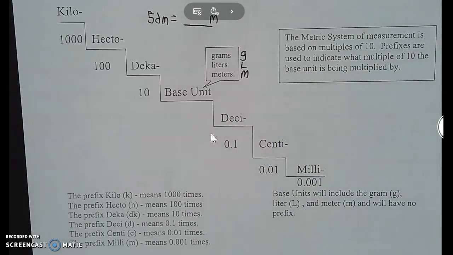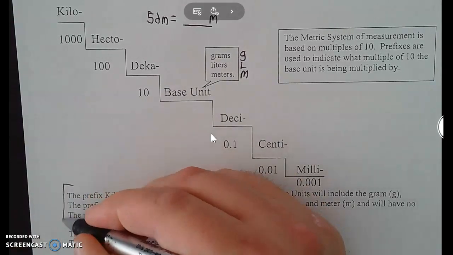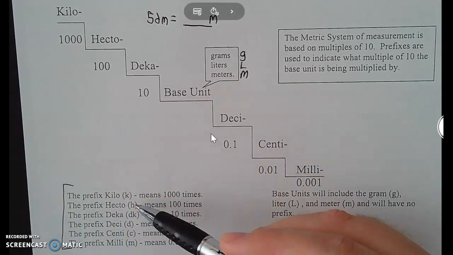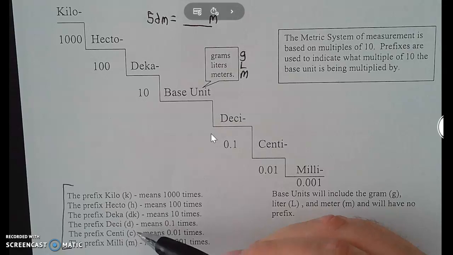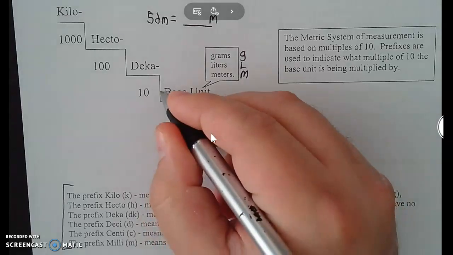Now the next question is, what is dm? Well, it's some sort of meters, right? The d is the prefix, the m stands for meters. In order to find out what prefix it is, we can look right over here. It tells you what the abbreviations mean. So which one of these is D? It's not deca, that would be dk. So if you look through it, D means deci. Okay, so we are trying to convert from decimeters to meters.